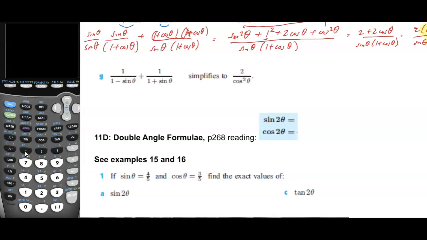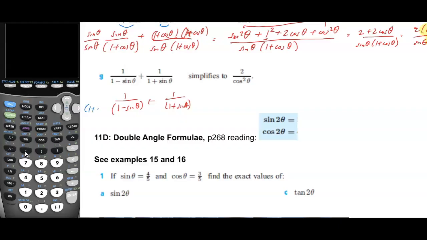Last one. Once again, we have two fractions. We need to add them together. We're going to multiply them by something to make a common denominator, right? I'm going to do the multiplications in a different color so that maybe it's easier to follow. Okay, so that's the original question.